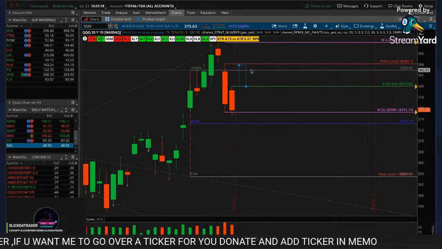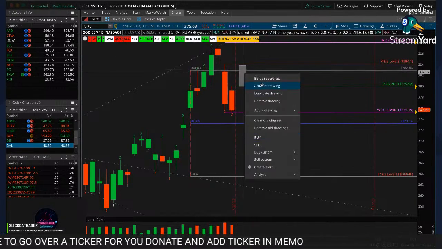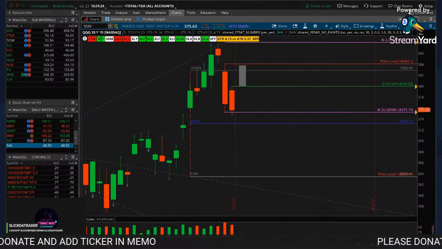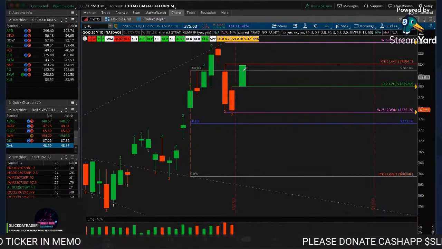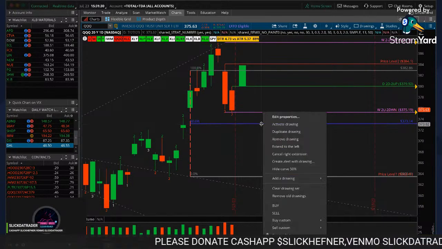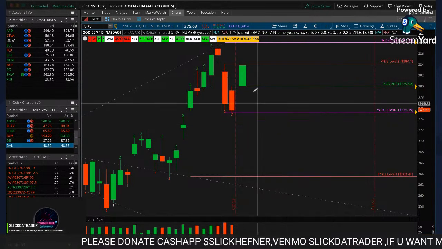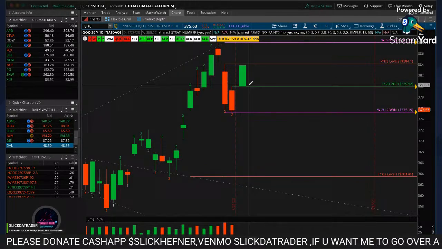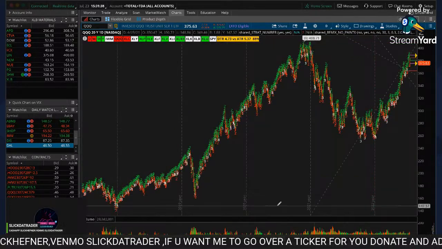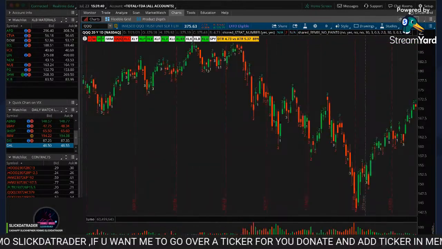We're looking for a break above. And boom, that's the type of move we're looking for. So this is just my 50% level. I can actually remove that. But that's what we're possibly looking for.